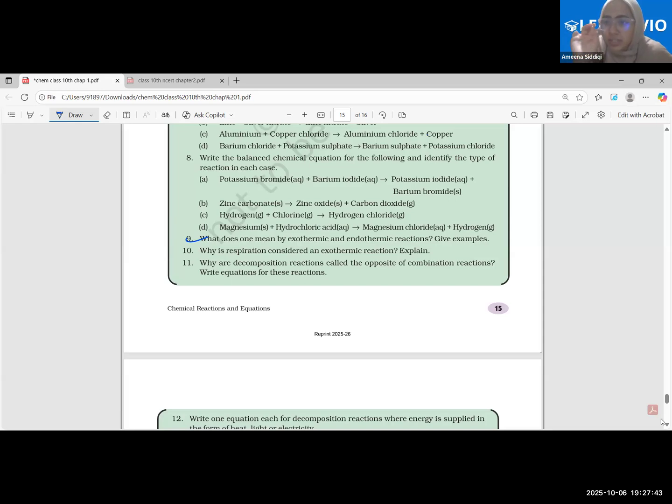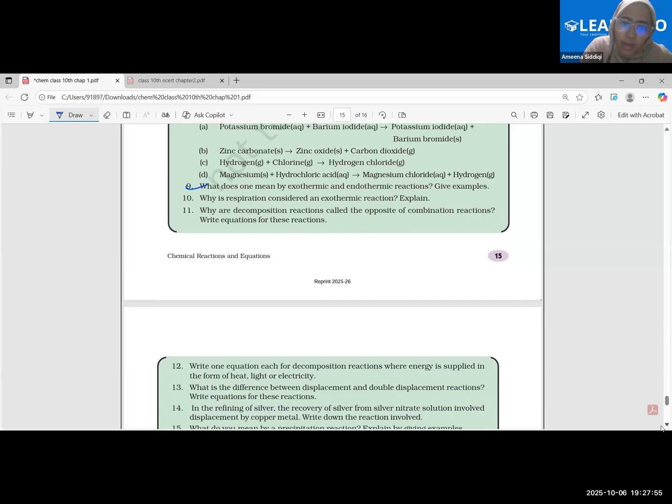Any reaction in which the net energy released is greater is the exothermic reaction. Any reaction in which the net energy supplied is greater is the endothermic reaction. Simple. Okay.